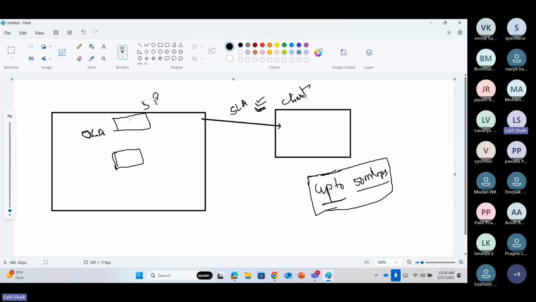So what will they do? They will bring different projects and requirements from different clients, and they will give them to the people who are working on them. So they will make an agreement.